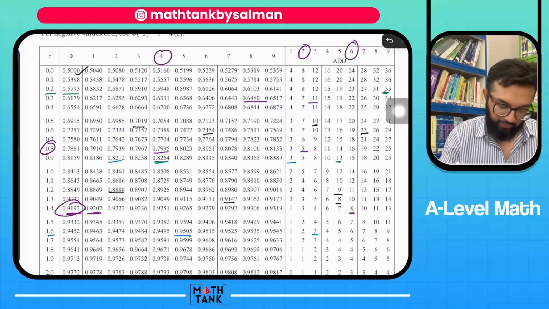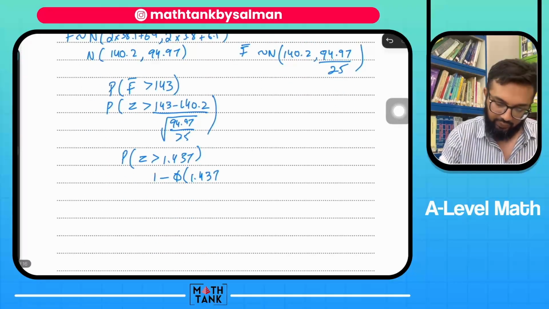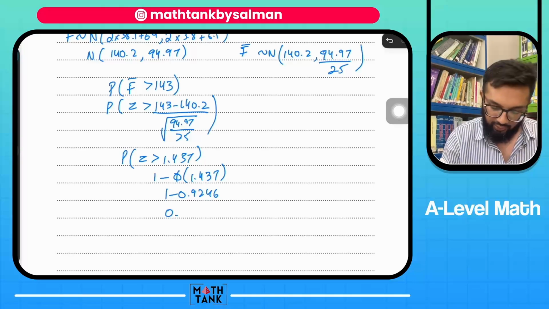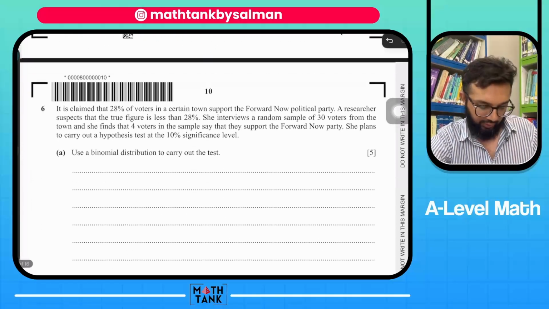What's 1.437? 0.9246. So 0.0754. Yeah, that is the correct answer. Let's move on to question 6 quickly.